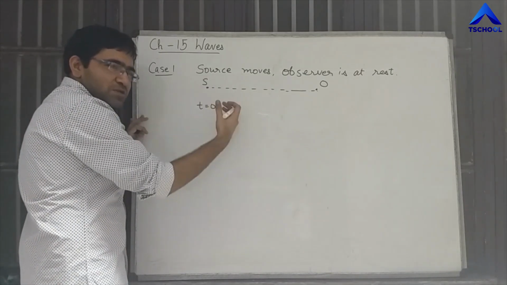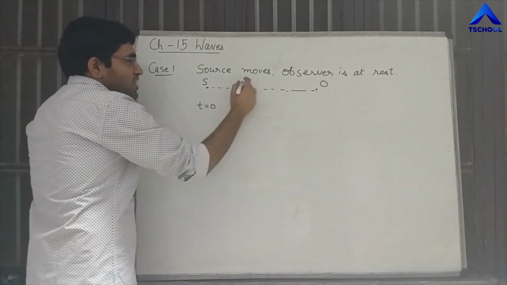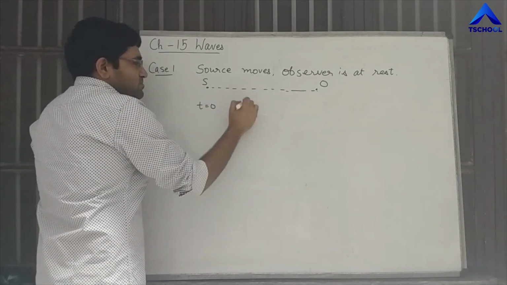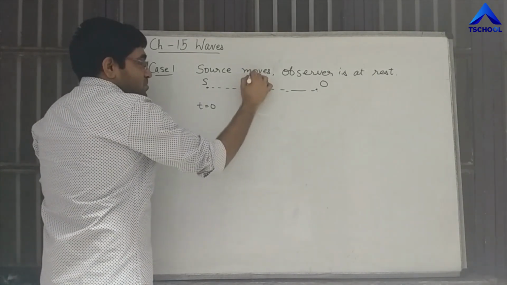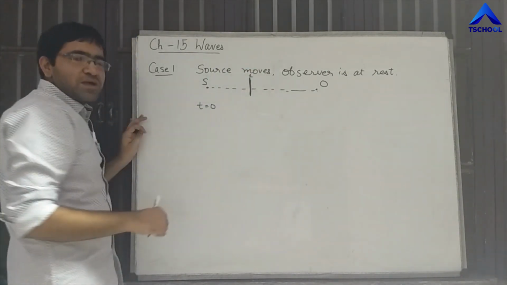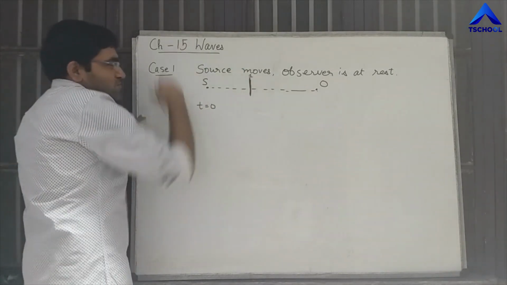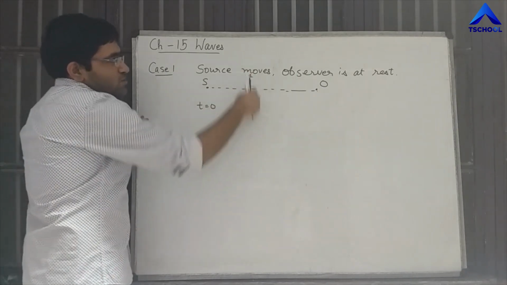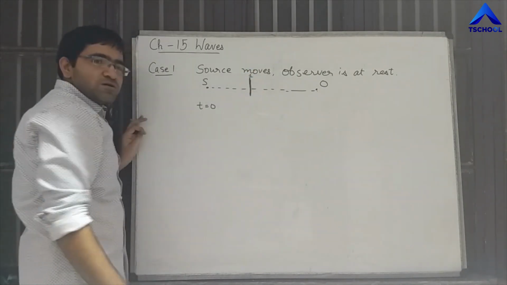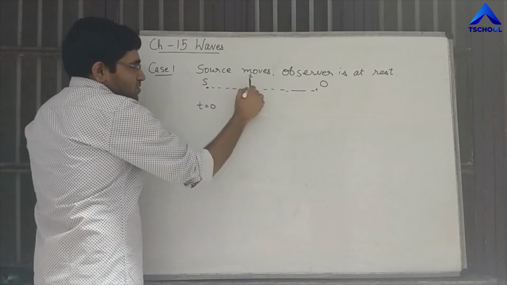In some time which is equal to the time period, let's say crest number 1 has reached here. I'm indicating the crest by a line. It could be of any shape. Actually the waves go around in spherical form from a point source, but anyways, let's say this is where the crest has reached. Let's call this point A.